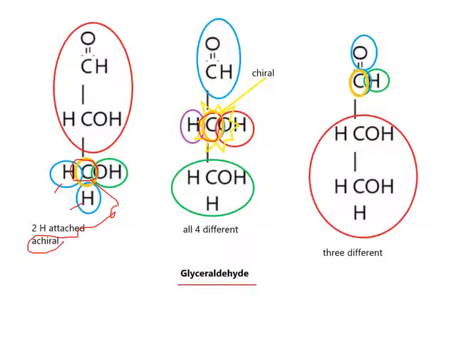Well, let's be careful about this, okay? So it has H and OH. It has this thing, and it has this thing. So it has 4 different things attached. Now I know it has carbons attached, but each carbon has different things attached to it, which is a big deal, all right? So this is a chiral carbon.